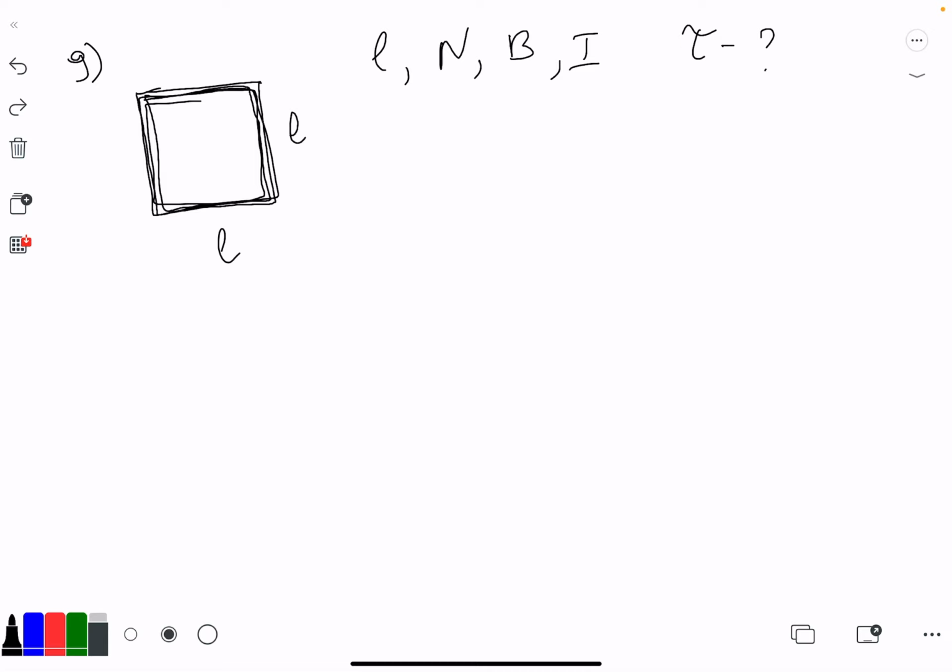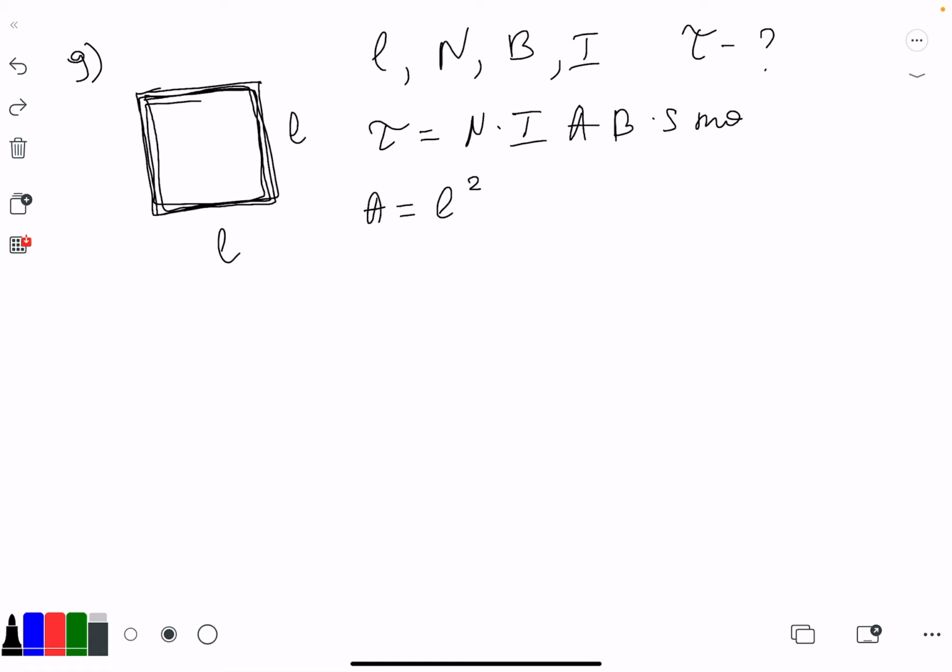We have a particular formula for the torque: torque is equal to the number of turns multiplied by current multiplied by the area of the loop times magnetic field times sine theta. The area is basically L squared because it's a square.